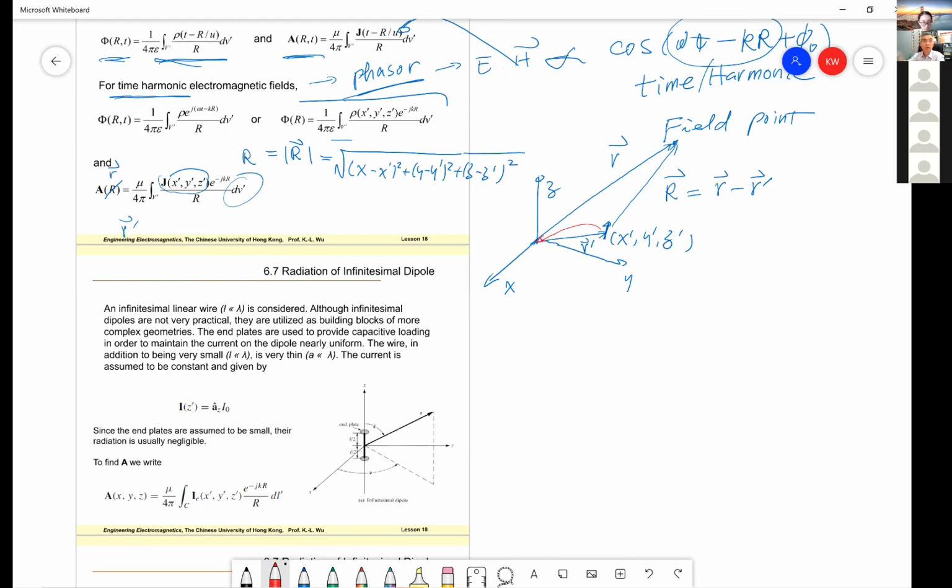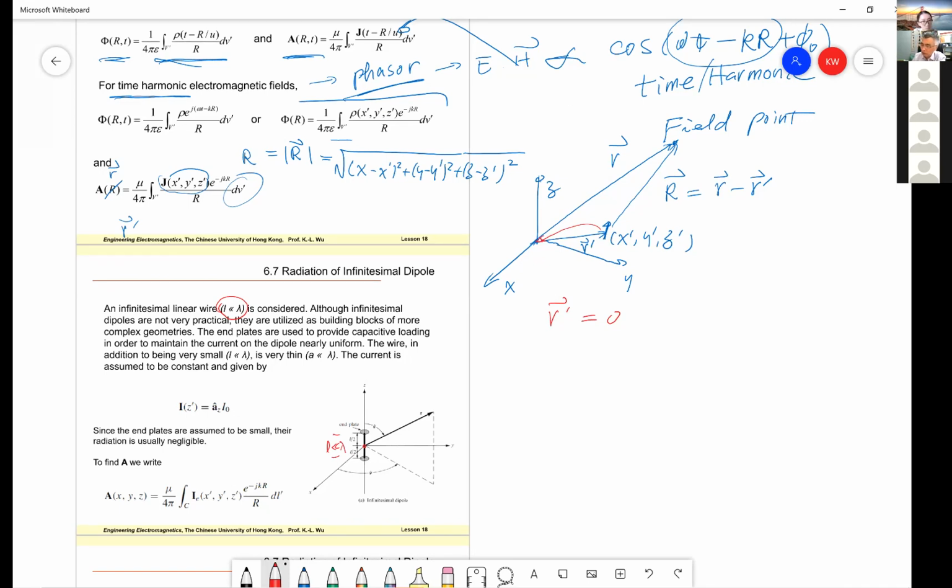I put this source at the origin, so R prime basically is 0, right? Because it's so small, I put it at the center of the coordinate, right? Then this total L compared to wavelength is much smaller, okay?